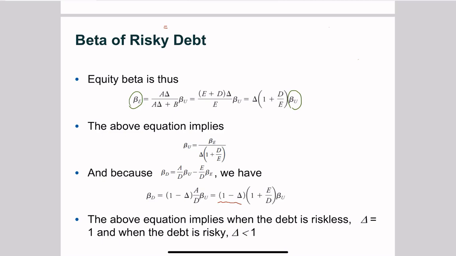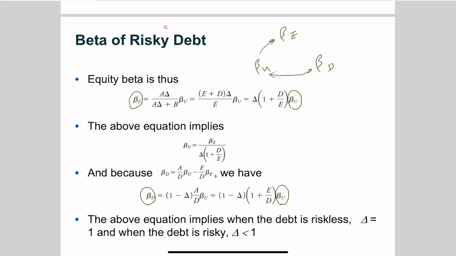And then you could also see that beta of debt is also related to the unlevered beta. So basically it means that beta E, beta U, and beta D, right?